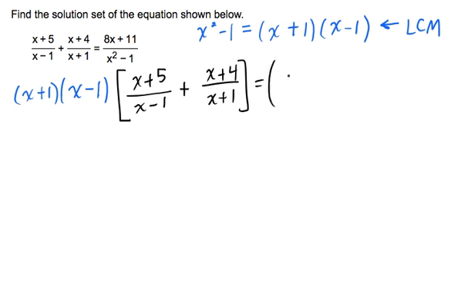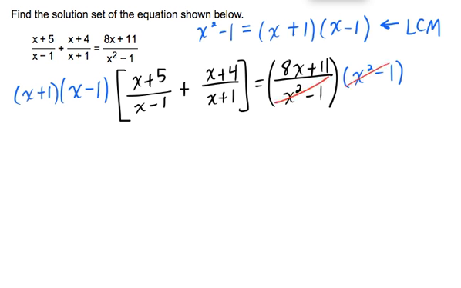Equals, on the right side, we're going to have 8x plus 11 over x squared minus 1, also times this, except you might as well multiply by the simplified version over here on the left, right? Just because then it's more clear that those cancel.